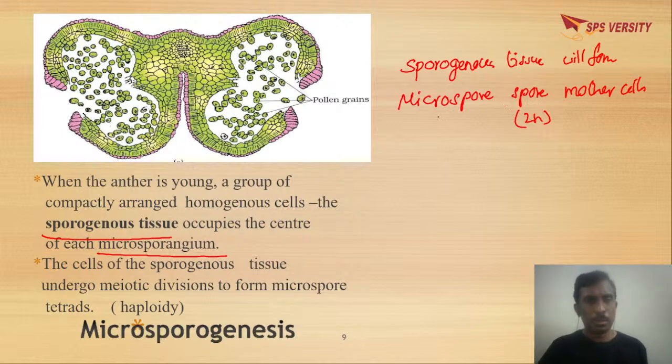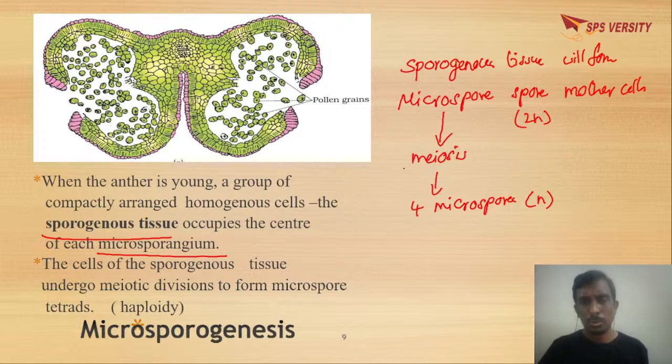Each microspore mother cell will undergo meiosis. On meiosis, from each microspore mother cell, 4 microspores are formed, where each and every one is haploid.